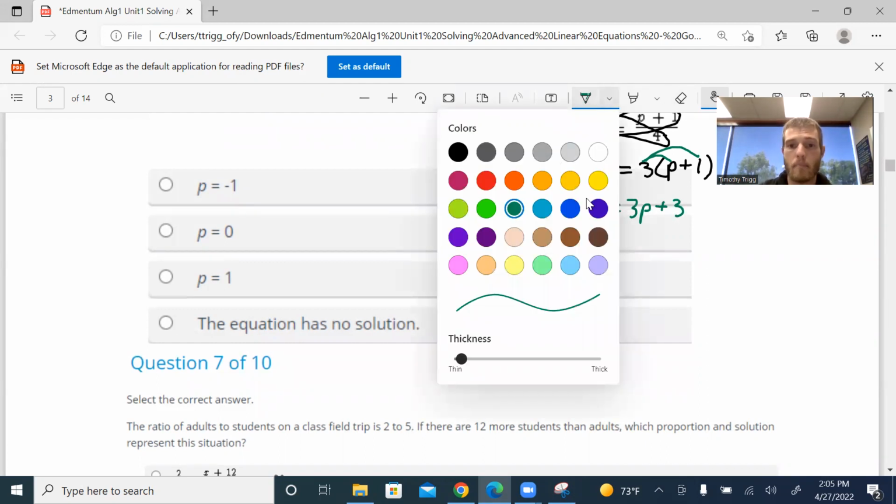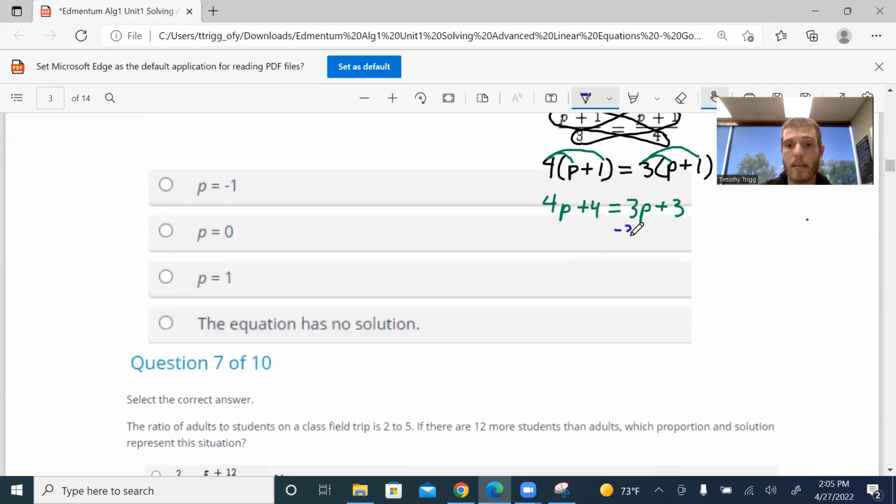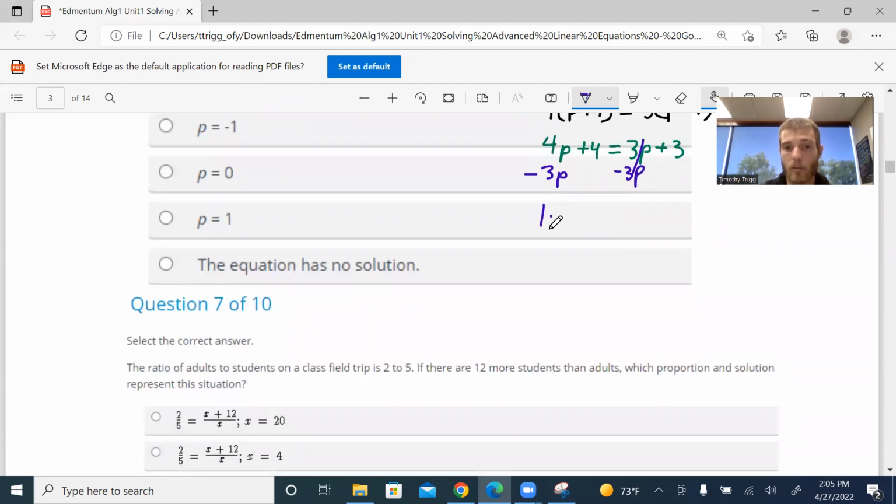Here I've got p's on both sides of the equation, so I'm going to subtract 3p here to cancel it. That way I won't have any p's on one side. To keep it balanced, I have to subtract 3p to the other side. This is the subtraction property of equality.